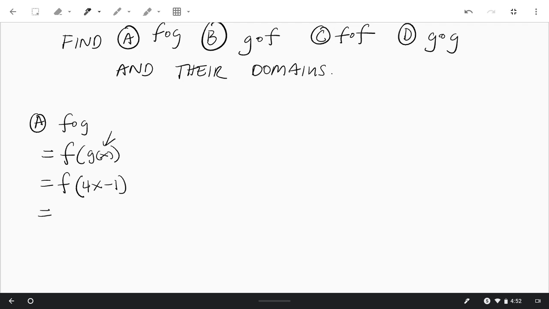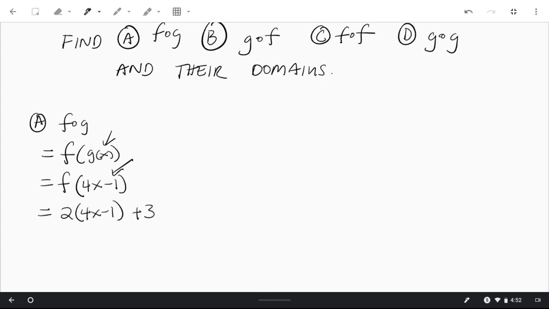Remember, f of x is 2x plus 3, so I'm going to replace that x with 4x minus 1. So instead of writing 2x plus 3, I'm going to write 2 times (4x minus 1) plus 3, because whatever is in here is what you're going to replace the x's with.